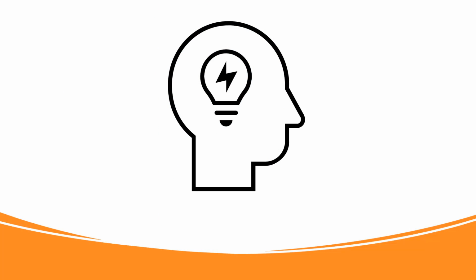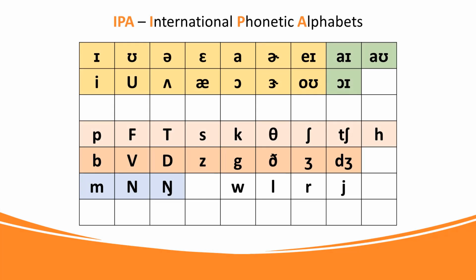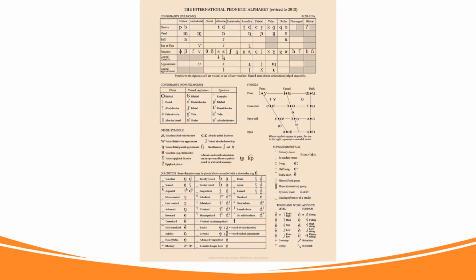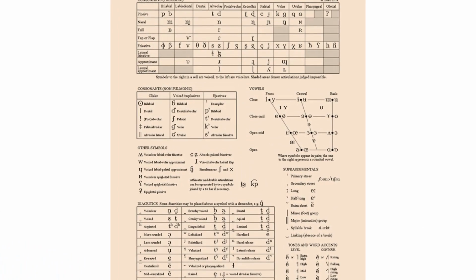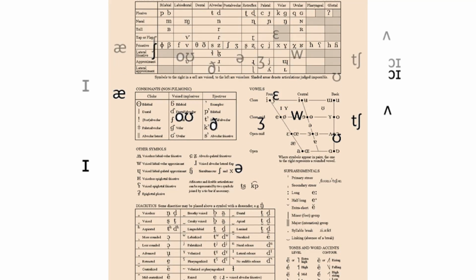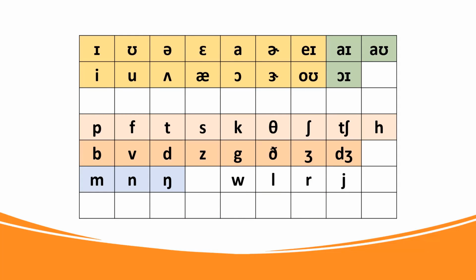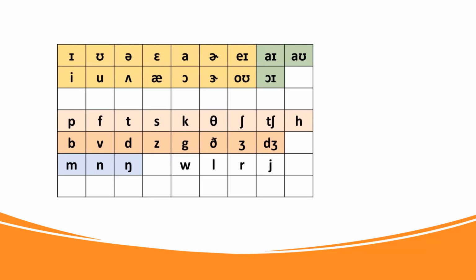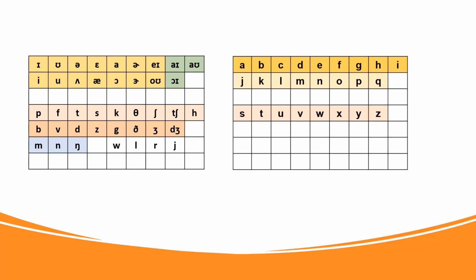To overcome this problem, it is essential to have a basic understanding of IPA or International Phonetic Alphabet. It's a system with over 100 symbols that represents all the sounds humans can make. English has more than 40 IPA sounds, but only 26 letters.